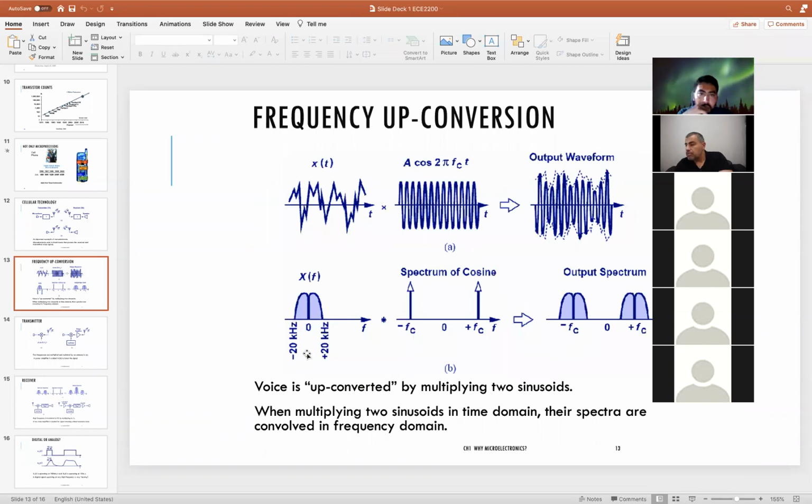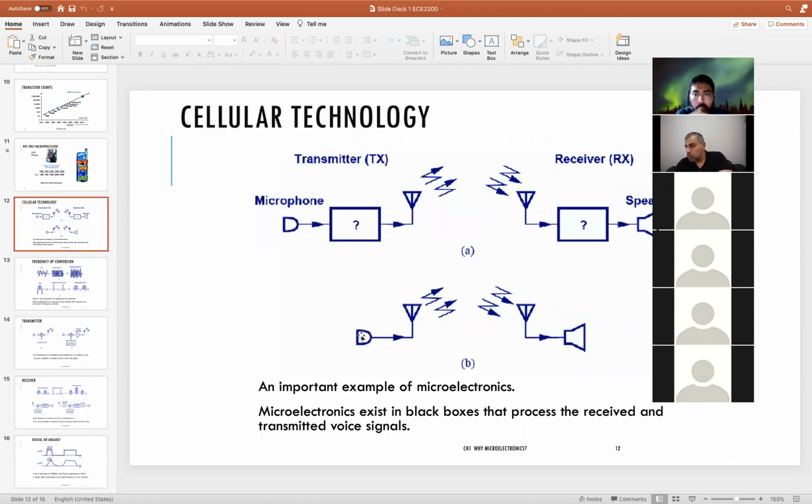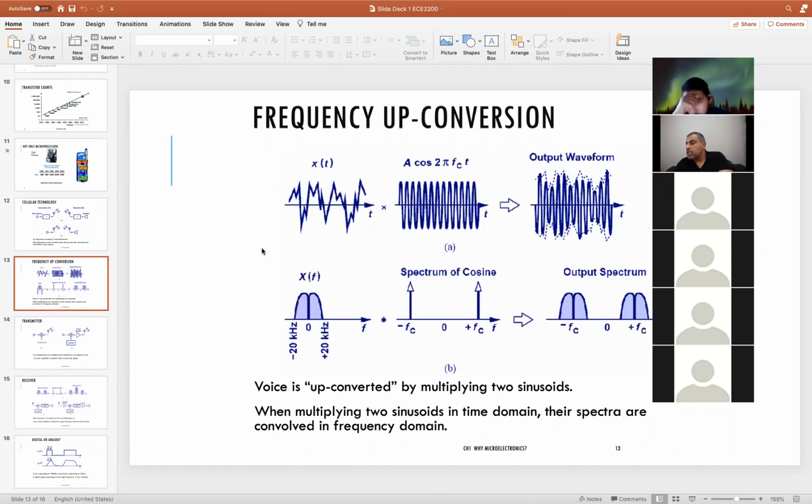You're looking at about 20 kilohertz of modulation of my voice, okay? So if you try to just hook up the microphone to an RF transmitter, you're going to end up with a huge antenna.